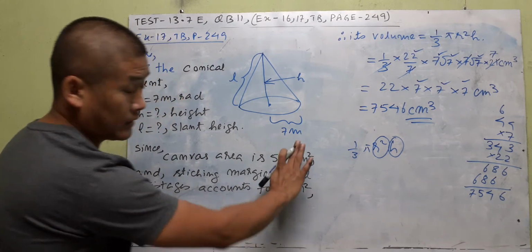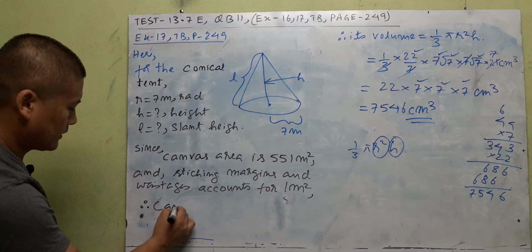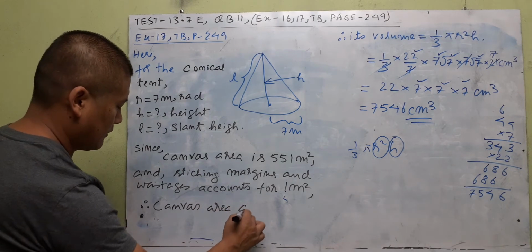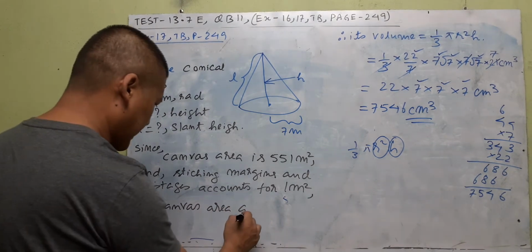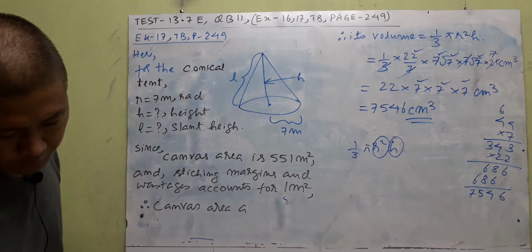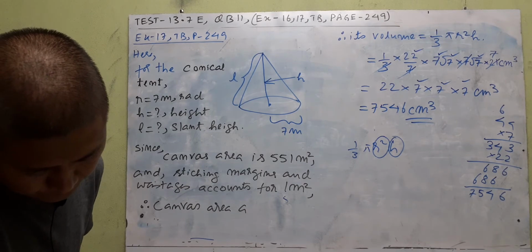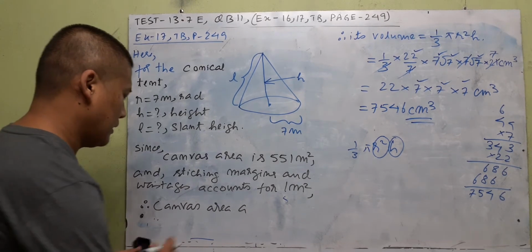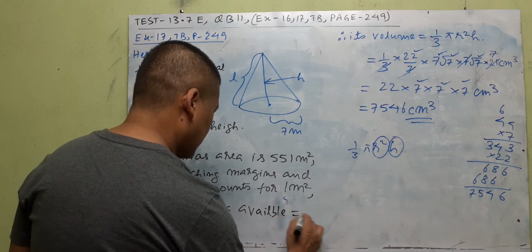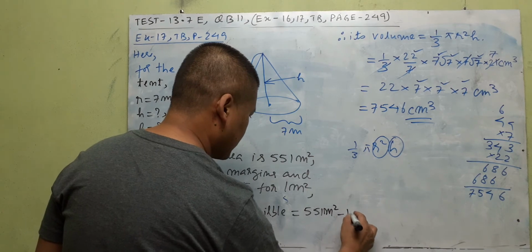So 1 meter square goes in wastage means, therefore, canvas area, cloth area or canvas area. So canvas area available after all the wastages are cut is 551 meters square total, minus the wastage you have to deduct, right?